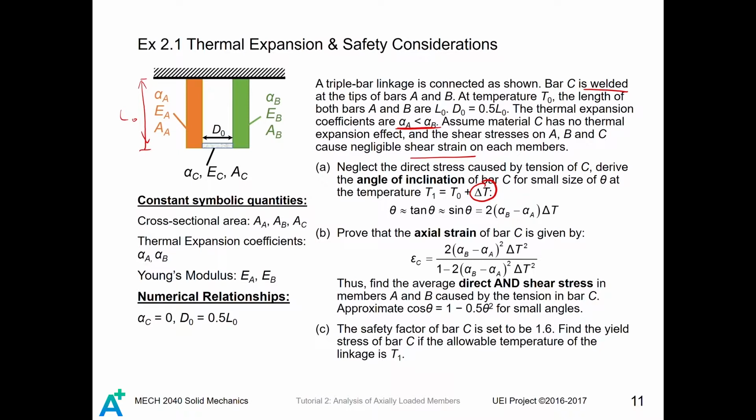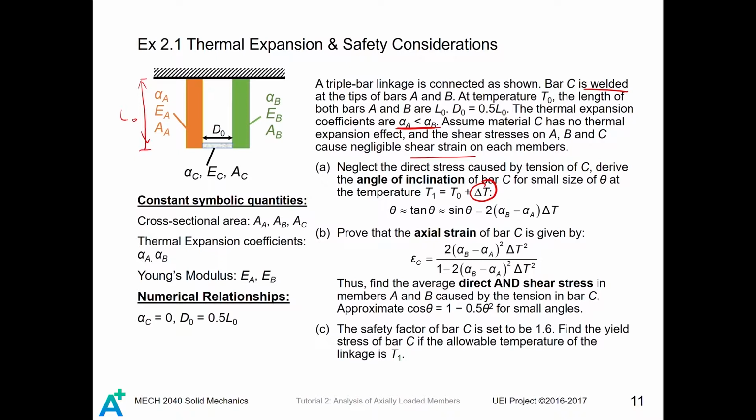Besides, you have to prove the axial strain of bar C in terms of the thermal expansion coefficients and the temperature. The axial strain of bar C, which you are going to prove, equals 2 (alpha B minus alpha A) squared times delta T squared divided by the numerator.